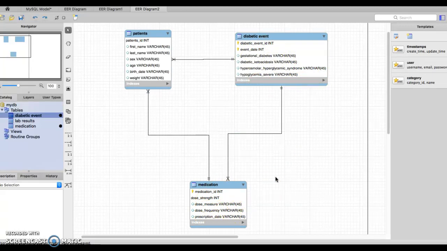This was to make sure that the proper information is connected to the patients, along with the information that is generated based off the medications. This is because patients typically, based off of the information that is listed, like I said, name, sex, age, birth date, and weight, can impact the medications that they are on, along with the dosage or frequency.